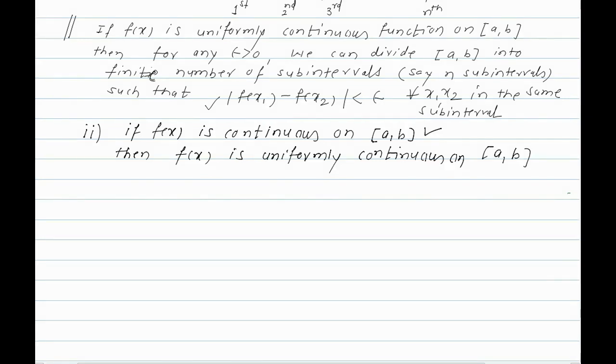Actually, this is a theorem and we will not prove this result because this is not included in our syllabus.